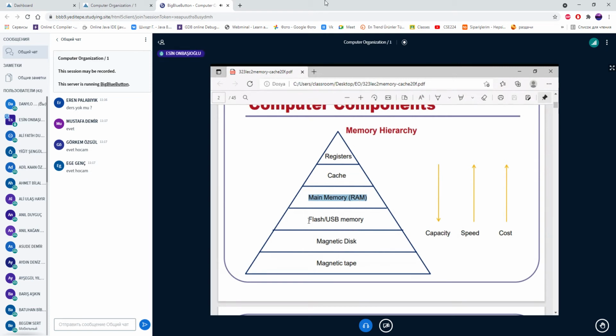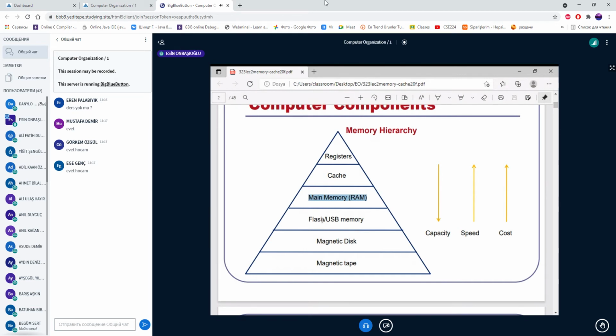And there are auxiliary devices like disk, like flash or USB memory, or magnetic tape. Magnetic disk has much larger capacity than the main memory. So if we cannot keep all the programs to be executed in the main memory, we can keep them on the disk and we can move them to the main memory whenever required. USB memory is faster to access than disk, but its capacity is smaller.